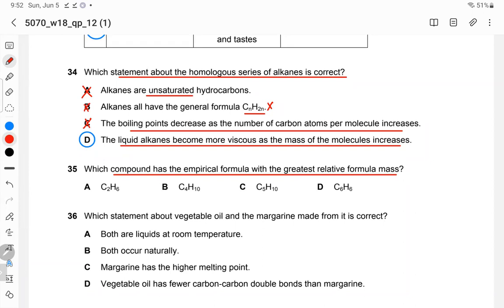Isn't it C that has the greatest formula mass? Relative formula mass? So when we simplify it, won't it become CH2? So it will also become CH2. One becomes CH, B becomes C2H5.